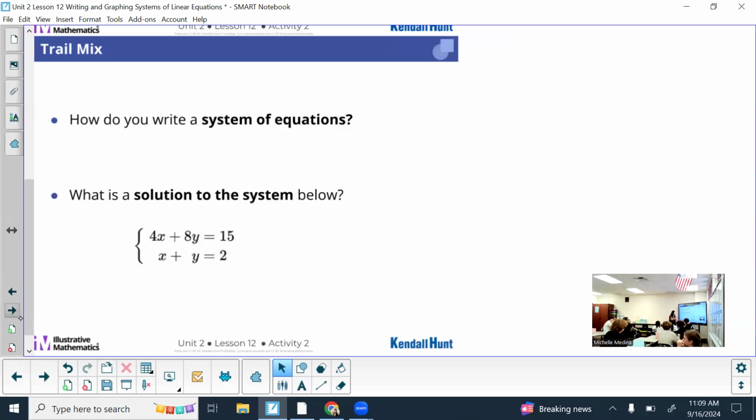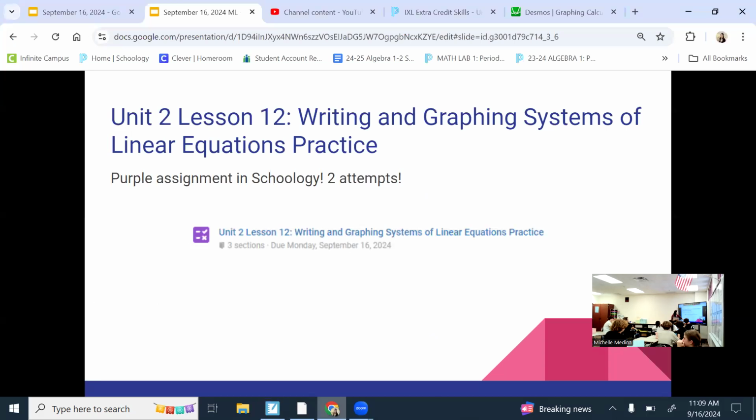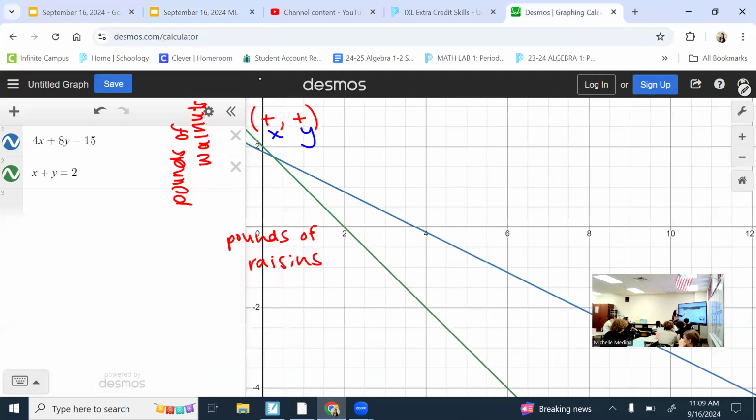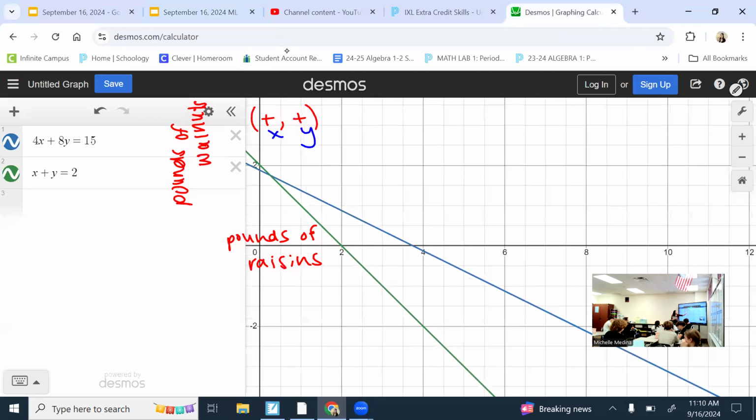You could have one solution where they intersect at just one spot, like this. Notice that's the same thing we got from our notes when we did the tables, that this meets both constraints where they intersect. 0.25 pounds of raisins, 1.75 pounds of walnuts.